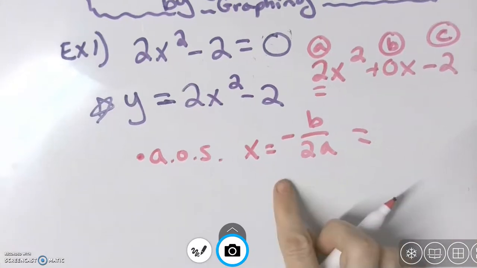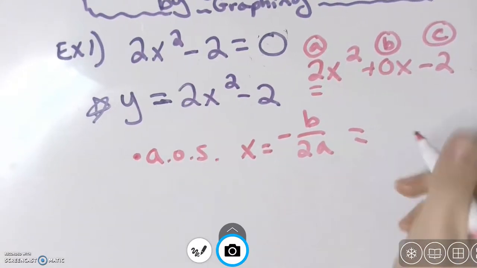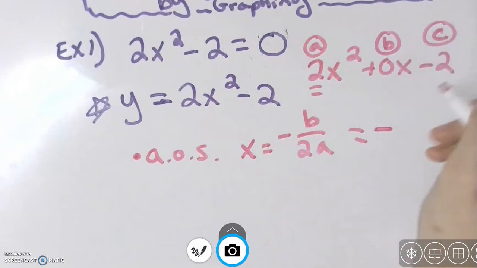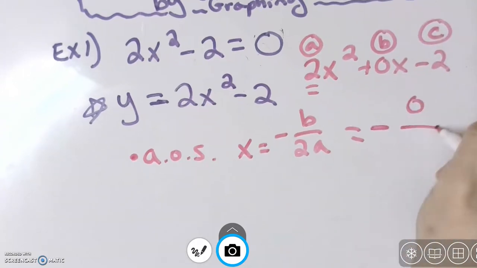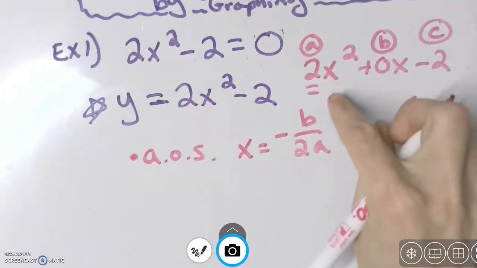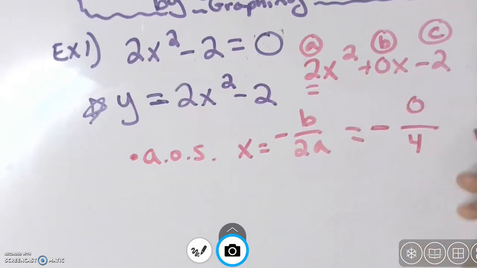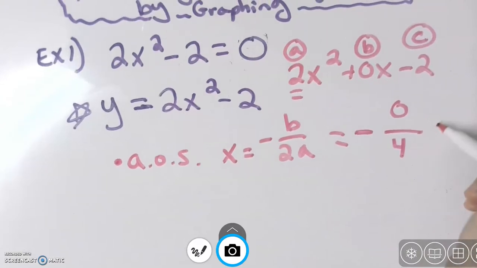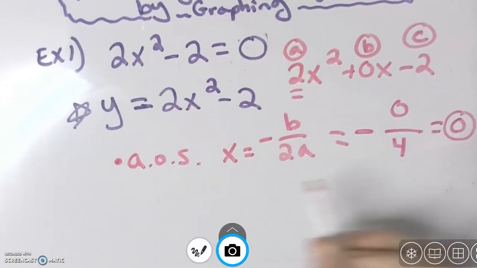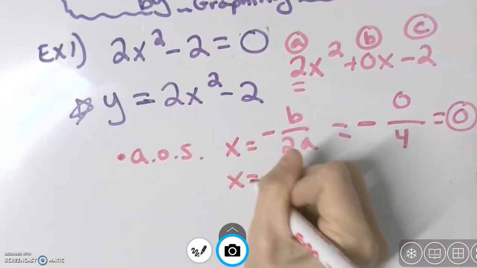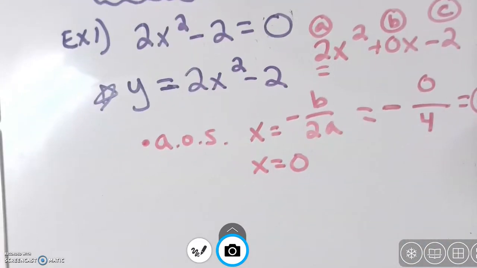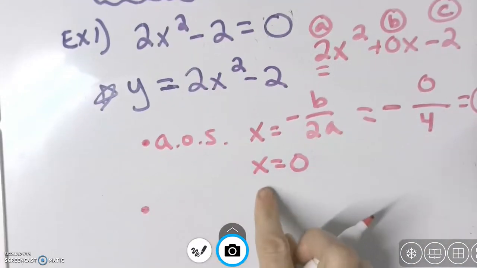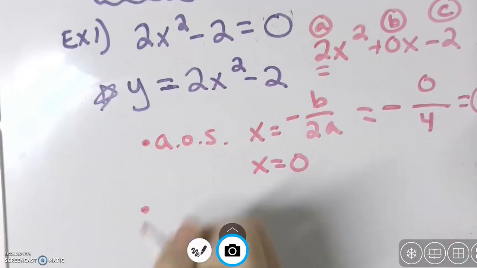So when I rewrite this axis of symmetry problem, I'm substituting 0 for b, and 2 for a, so 2 times 2 is 4. 0 divided by 4 is just going to give me 0, so my axis of symmetry for this is x equals 0.